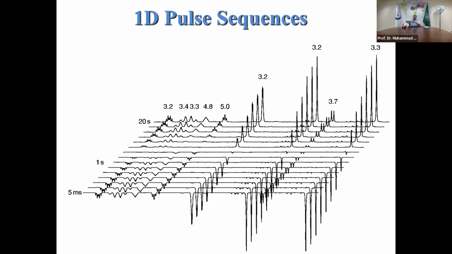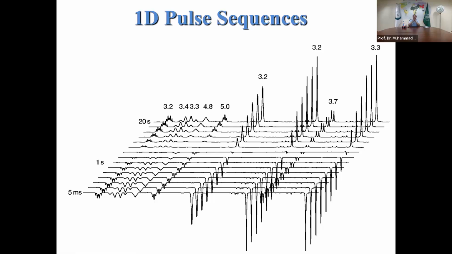So from minus Z to plus Z, and you are recording this by 2 pulses. Every time you give a 90 pulse after a time delay, you see these vectors at different positions, right? And as a result of it, from full negative signal to full positive signal is T1 time.